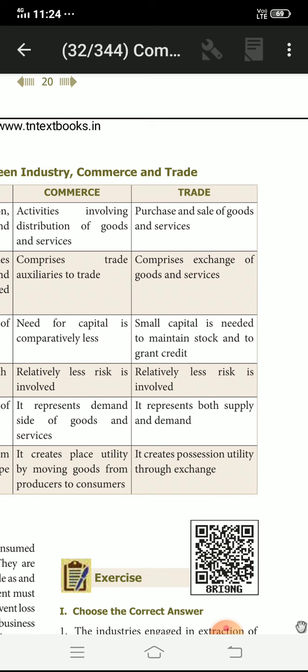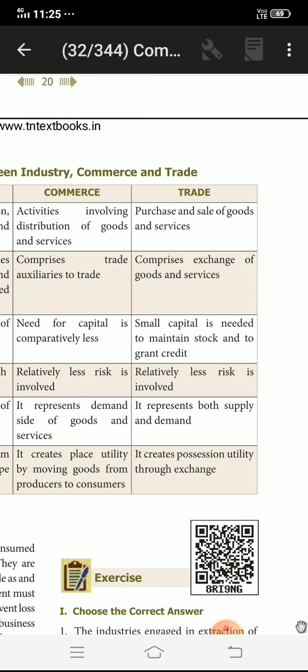Exporting means selling the surplus goods that are available in our country to another country. For example, let us take tea. Tea production is in surplus in our country, so we sell tea to other countries of the world. So this is export trade.